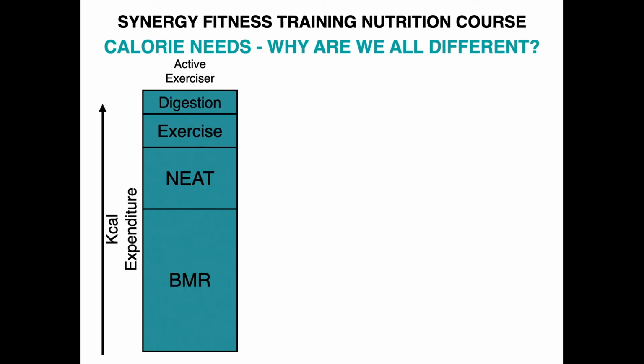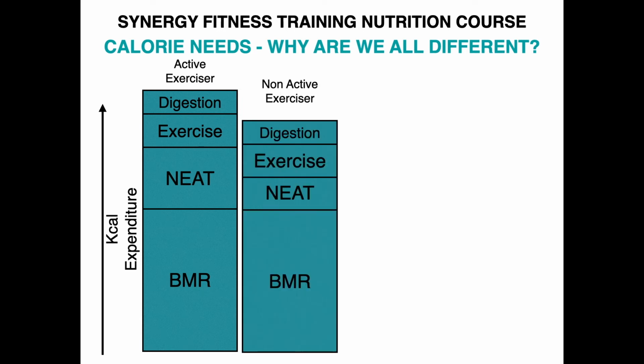The first block here is an example of an active exerciser. Let's say they require 2,500 calories again per day to maintain their current weight. They'll burn those 2,500 calories via a combination of their BMR, NEAT, exercise activity, and digestion, as discussed previously.